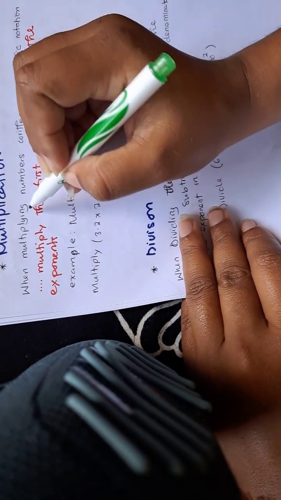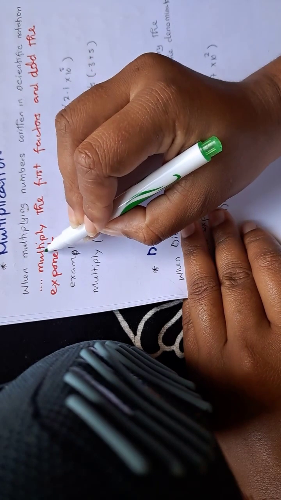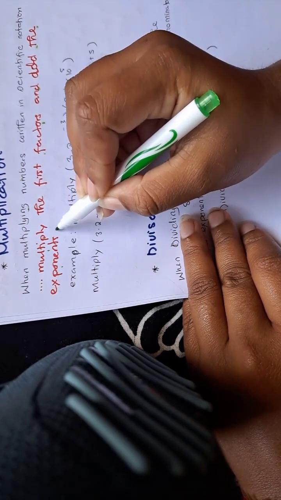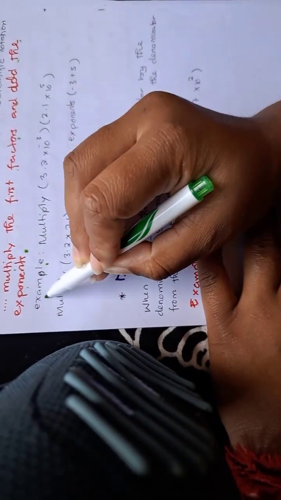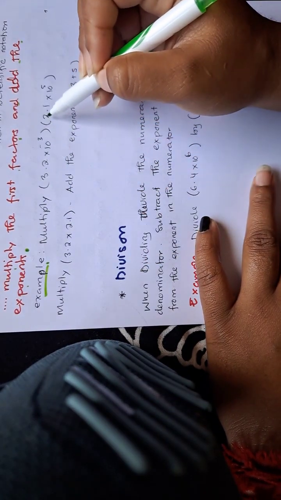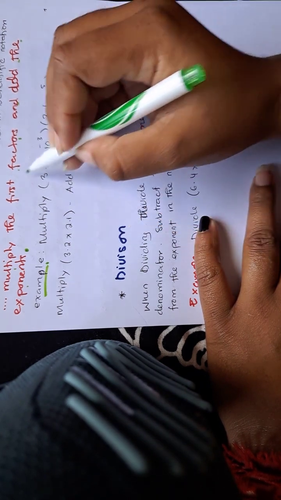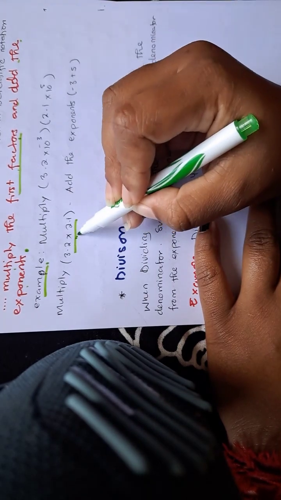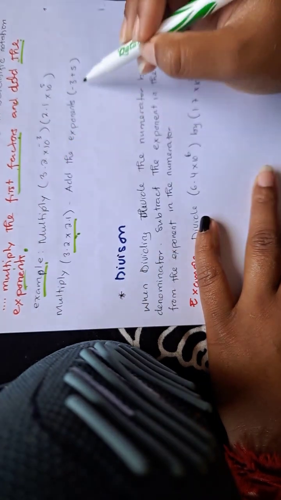Okay, when multiplying numbers written in scientific notation, multiply the first factors and add the powers or the exponents. So example, it says multiply 3.2 times 10 to the power of negative 3 and 2.1 times 10 to the power of 5. So we multiply the first factors, and we add the exponents.